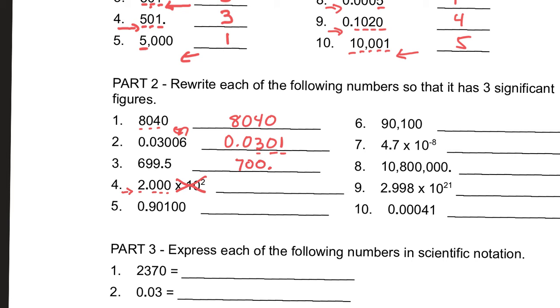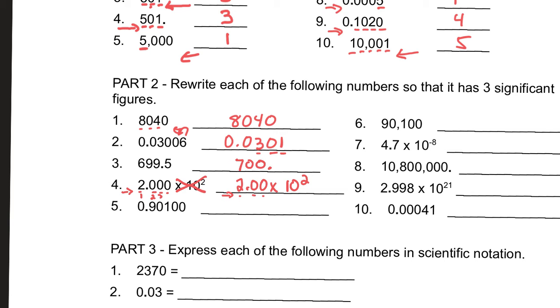So here's my first, my second, my third. The fourth one is a 0. Well, a 0 is not going to cause it to round up, so it's going to stay the same. So when I rewrite this number, it's going to be 2.00 times 10 to the second. Again, we can count our significant figures. Decimal's present, so it's going to be 1, 2, 3.